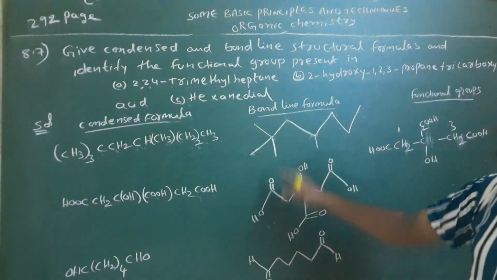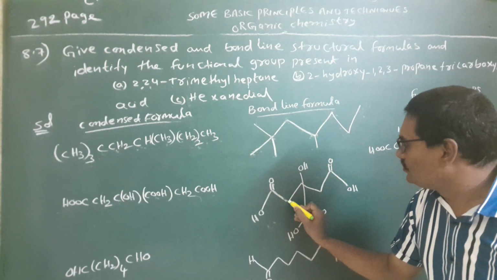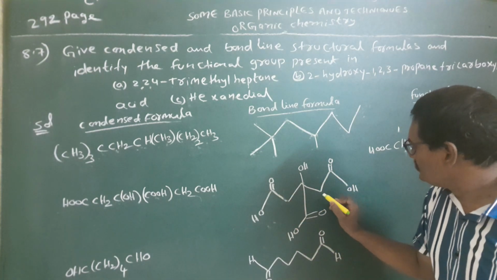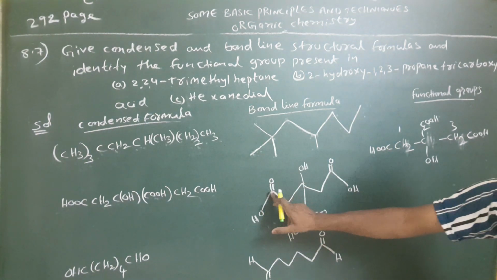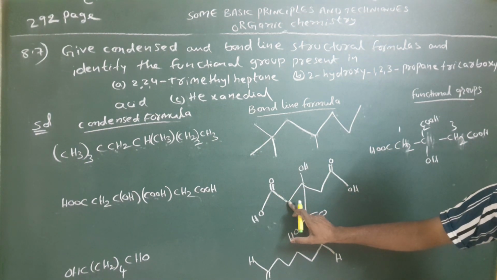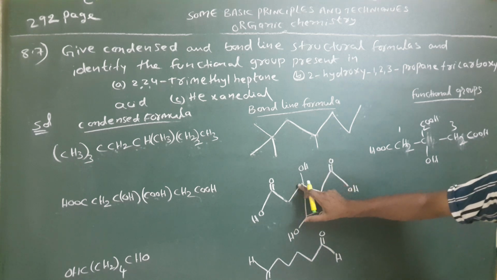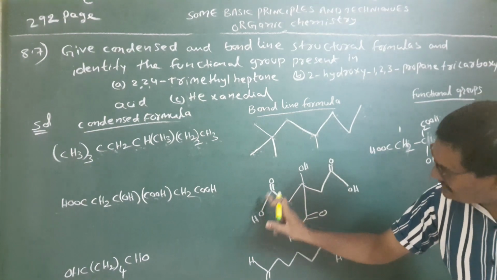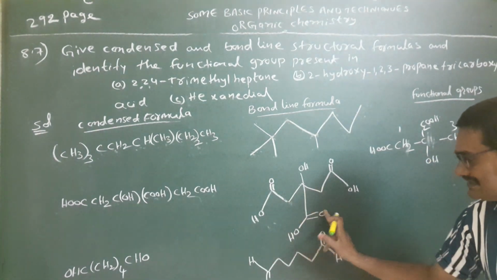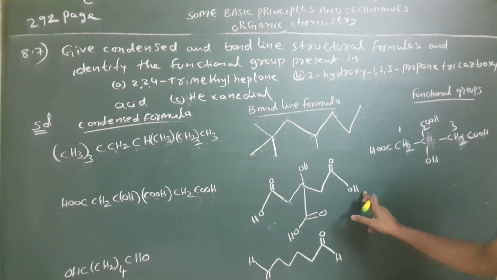Again I will write the bond line formula. We give numbering 1, 2, 3. The second carbon contains hydroxy, and the first carbon contains carboxylic acid, COOH. The third carbon contains carboxylic acid.